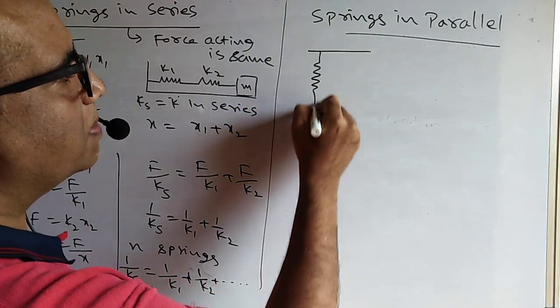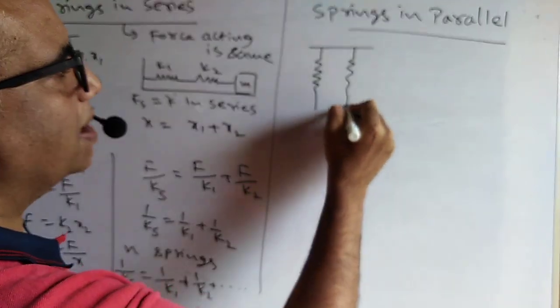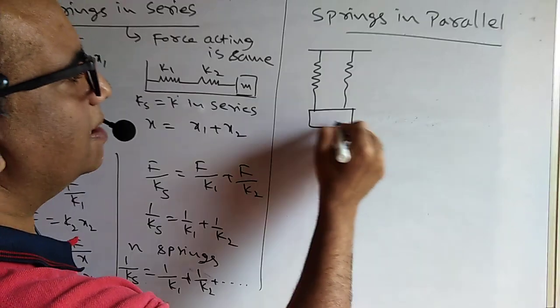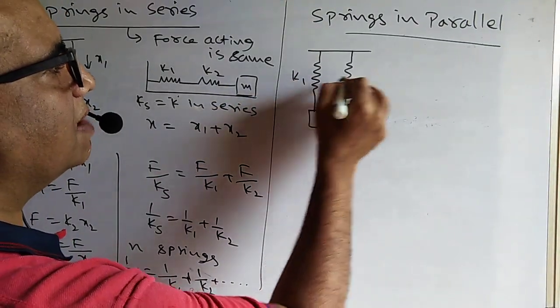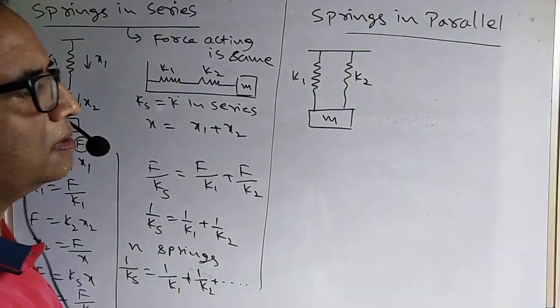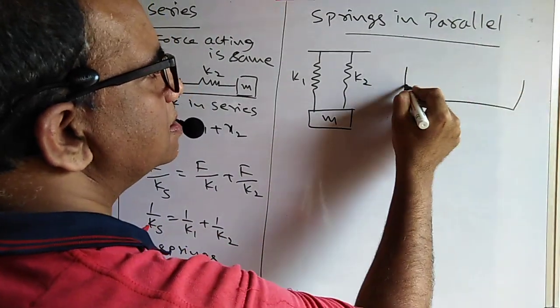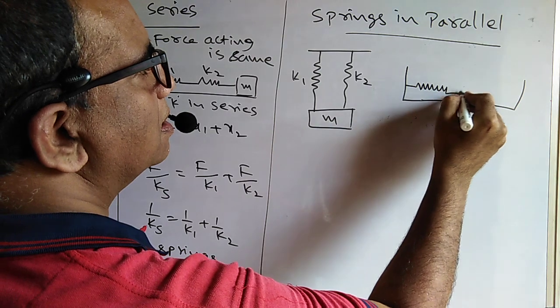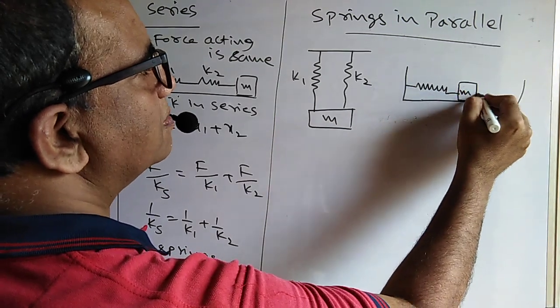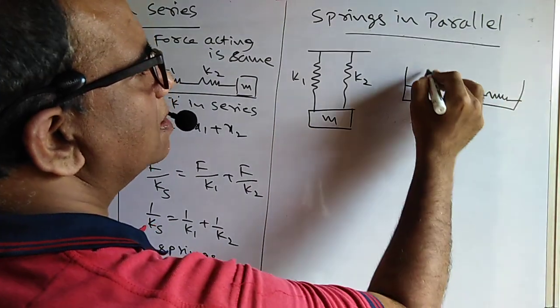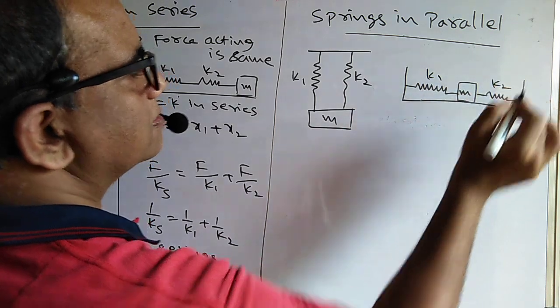This is one spring, this is another spring. They are connected to a mass M. This one is K1, this one is K2. Or the diagram may be like this. This is one spring, and this is another spring which is connected like this. So this is K1, this is K2.